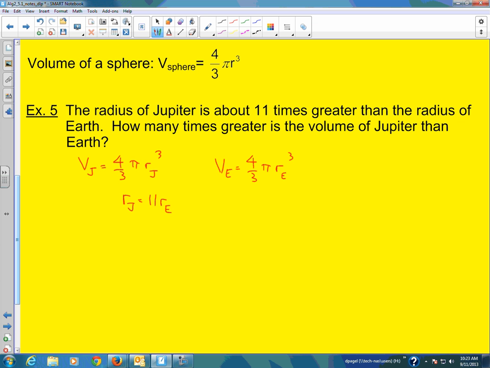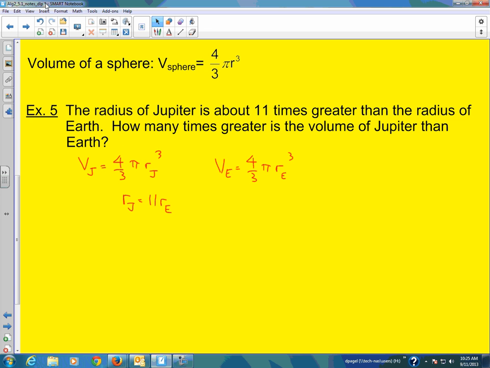So we don't actually have a value for the radius of Earth. We can go find that if we wanted to. But the fact is, it is 11 times bigger radius-wise. So what does that do then to my volume? Does it make my volume 11 times as big as well? Like I said, you don't need to know the number for the radius of Earth.